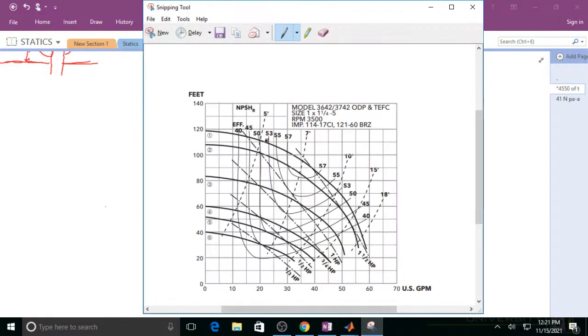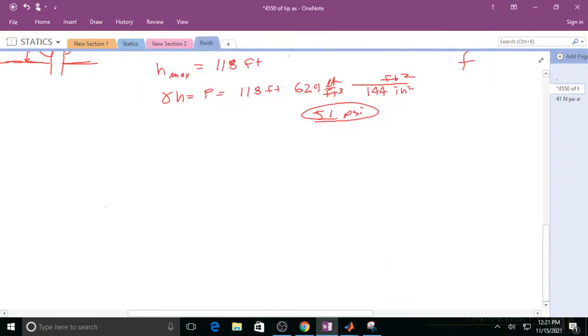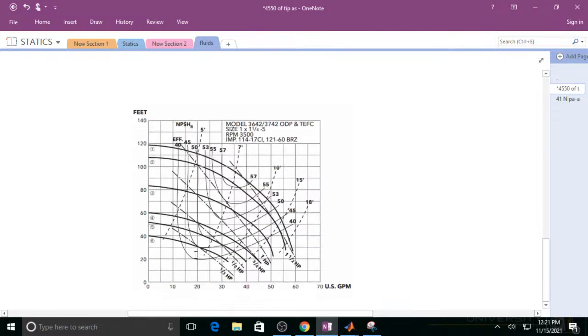Edit, copy, paste. Where did it go to? Paste. There we go.